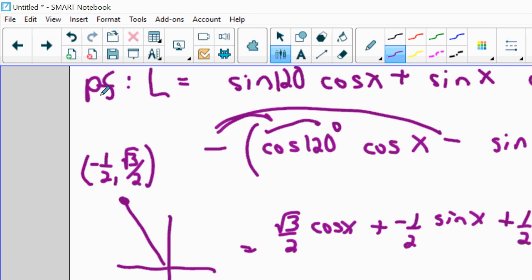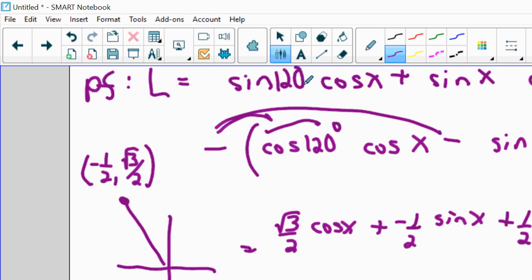Cosine 120 is the x coordinate, so negative 1/2. So let's start here. Sine 120, square root of 3 over 2 cosine x. Cosine 120 right here, that's negative 1/2 sine x. Now we go minus. So you go cosine 120, which is a negative 1/2 cosine x. So really it becomes plus 1/2 cosine x.